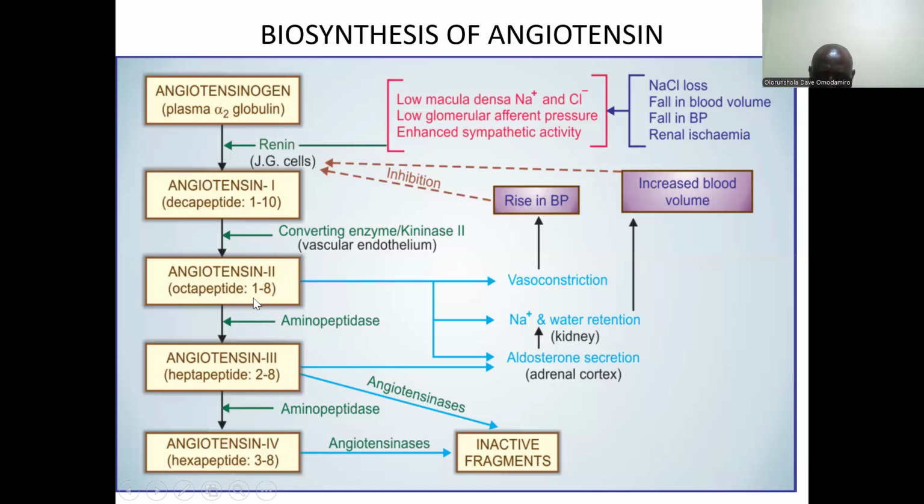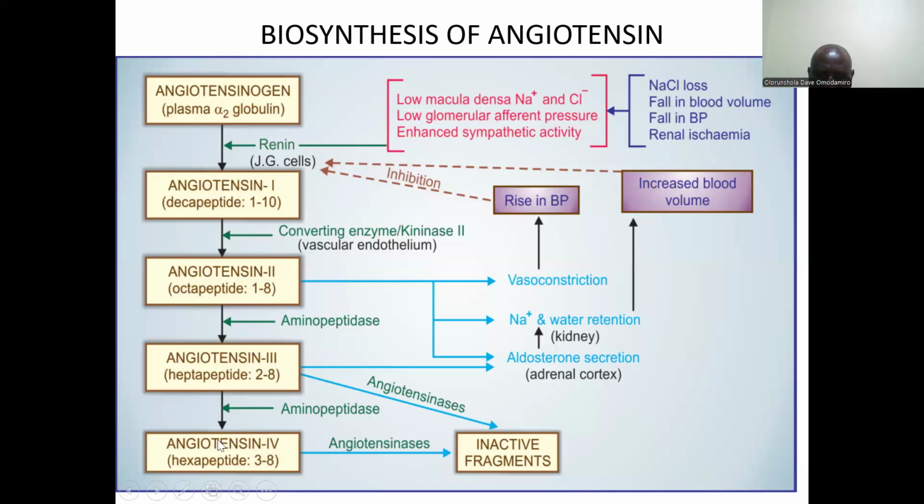And of course, the reaction goes further with the involvement of aminopeptidase, and angiotensin 2 will be converted to angiotensin 3, and then down to angiotensin 4, which is the inactive fragment.